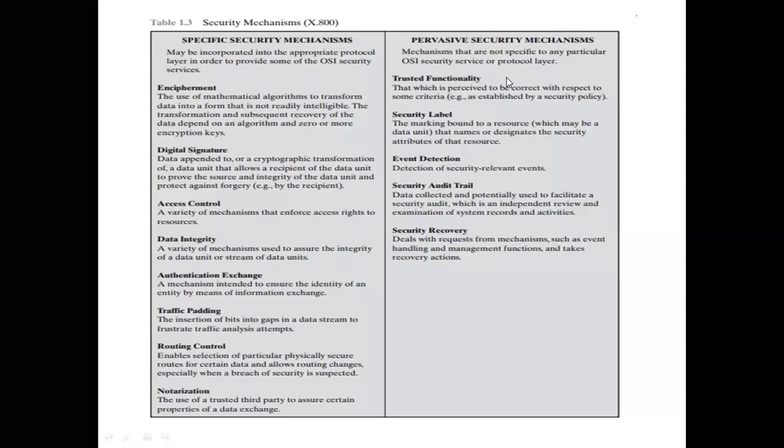Encipherment means the encryption and decryption process, transforming the data from plain text to ciphertext. We discuss all these things under encipherment. Here you use algorithms for encrypting and decrypting the data, along with encryption keys and decryption keys.